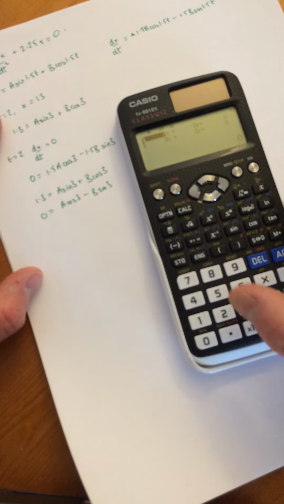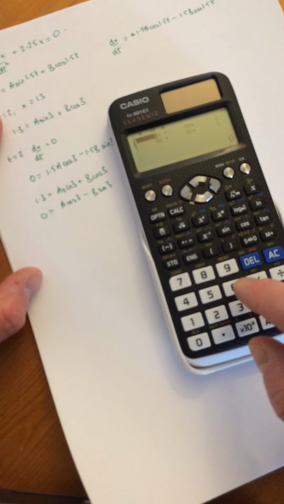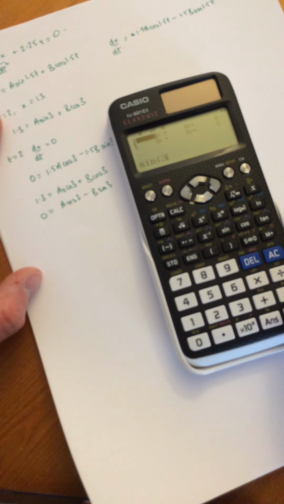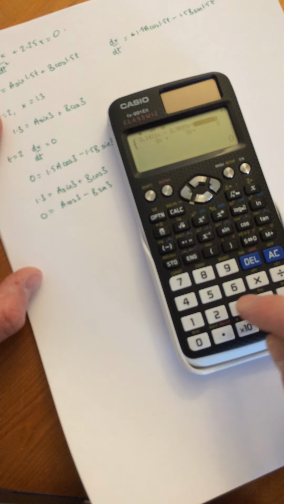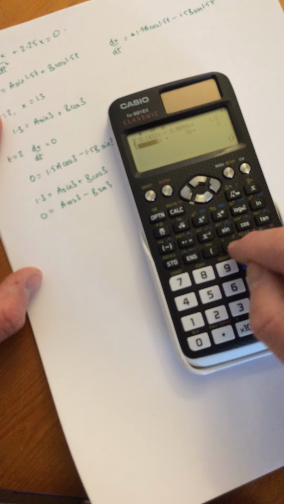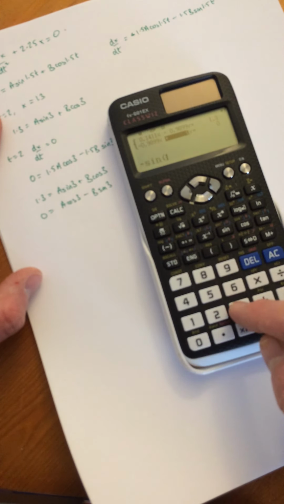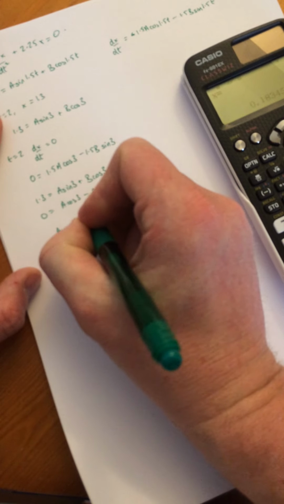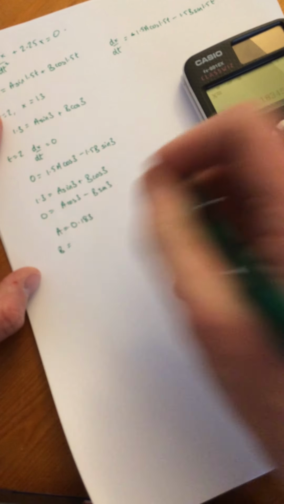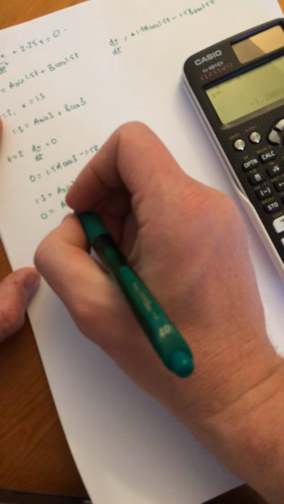So we've got, I'm in radians, sine 3 x cos 3 y equals 1.3 and cos 3 x minus sine 3 y equals 0. So x is, or a is 0.183 and b is minus 1.287.